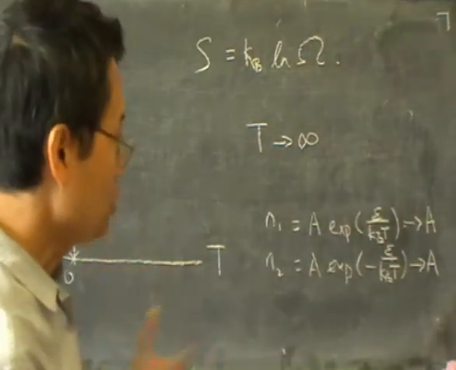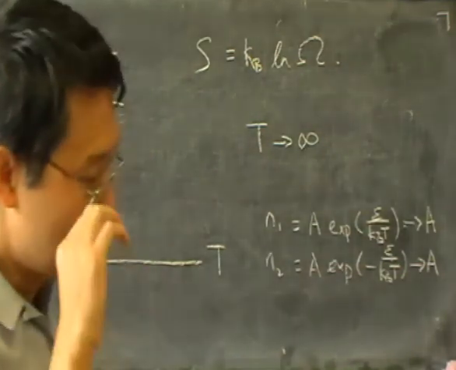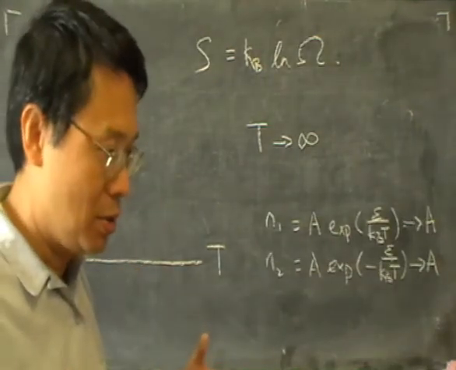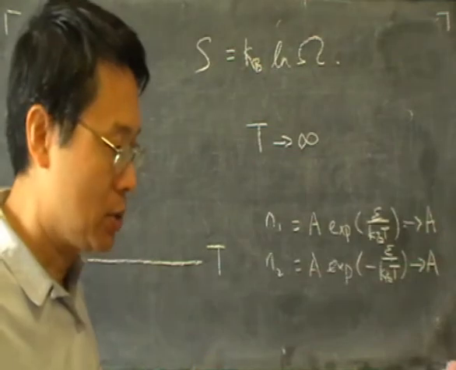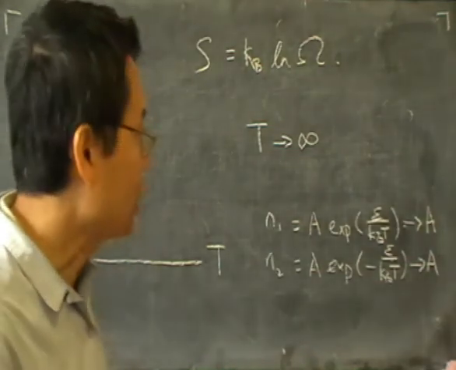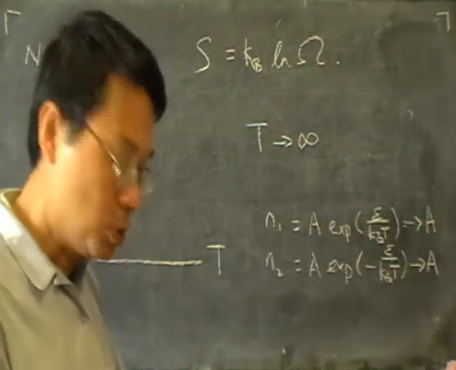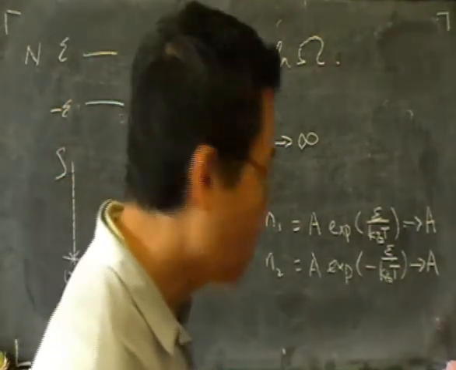So how do we reconcile this with the idea that if temperature becomes very high, the particles do not all go to the highest level? There are actually two things to think about here.